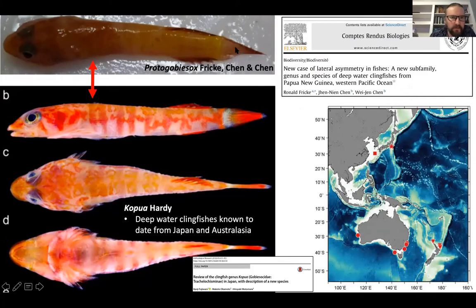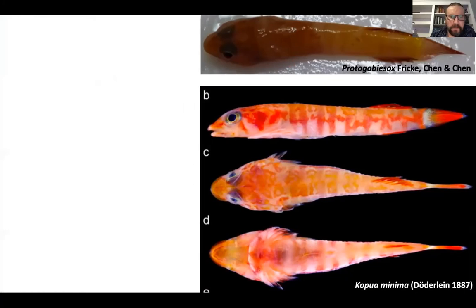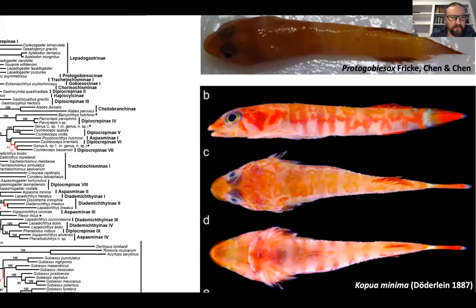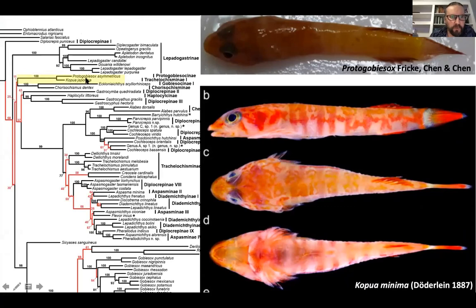But if we consider Protogoby esox in this context, it falls right in between those two clusters. So I would say that this fish should have been described in the genus Copua, and erecting a new genus based on asymmetry was a bad idea. And some recent genetic data suggests that Copua and Protogoby esox are actually very, very closely related.